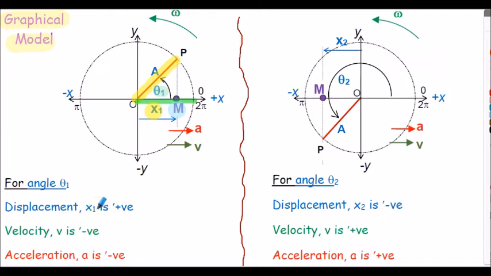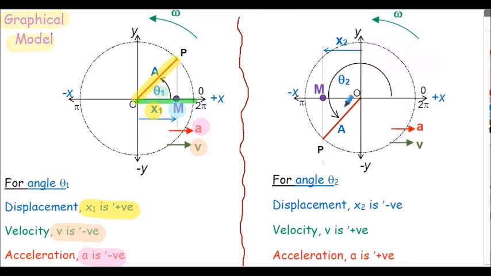So for this diagram, displacement x1 is positive, but the linear velocity v would be negative, and also the linear acceleration a is negative. As due to the position of the crank OP and the direction of the angular velocity, the linear velocity of M is towards the mid position, and for a simple harmonic motion, the acceleration is always directed towards the mid or equilibrium position. In other words, against our positive notations shown on the diagram.